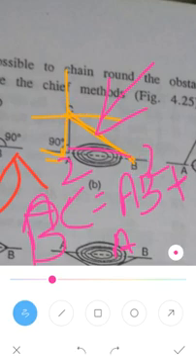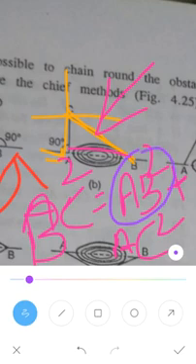BC square is equal to AB square plus AC square. Use this hypotenuse theorem, and we need AB. This is the unknown which we have to determine.